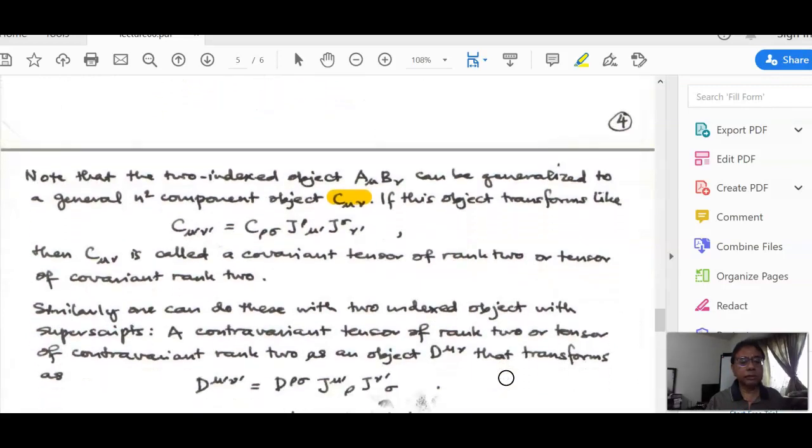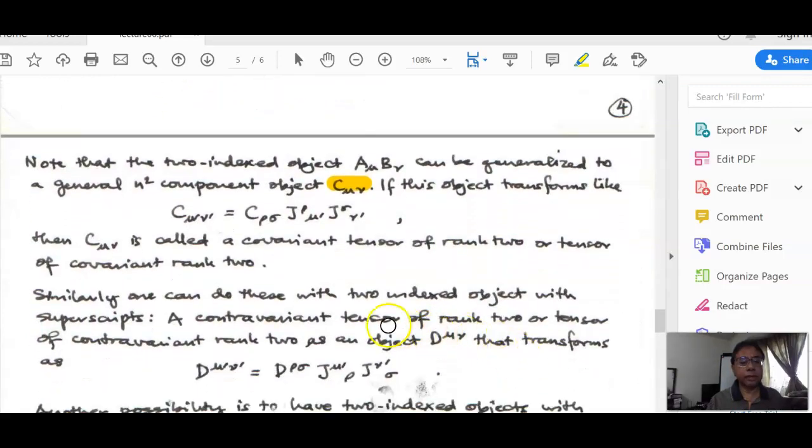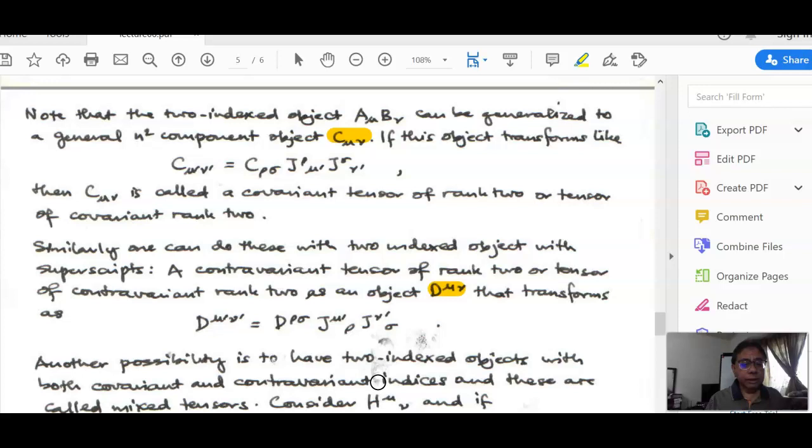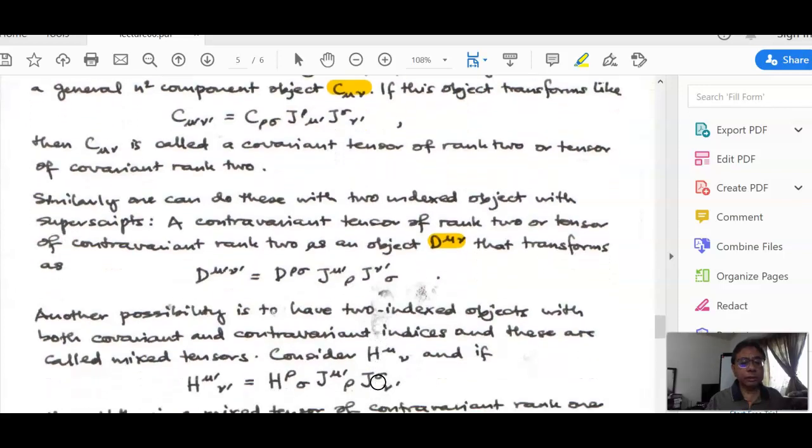Similarly, one can do this for a contravariant tensor of rank 2, but now the indices will be on top. Just like before, instead of the product of the inverse Jacobians over here, it will be the product of the Jacobians themselves. One can think of this much more generally.